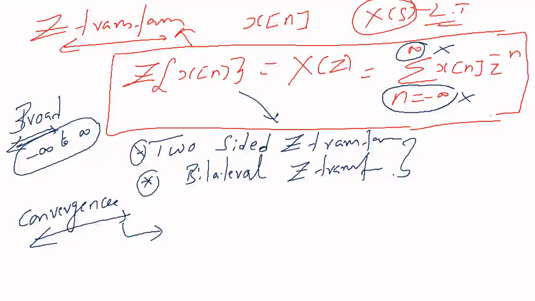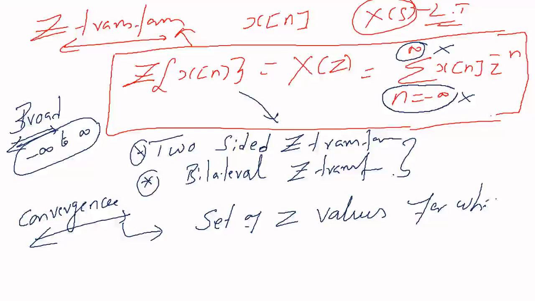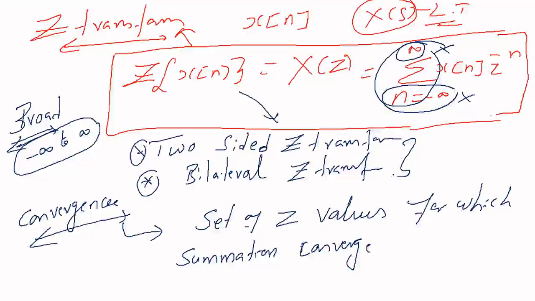So here convergence is the set of z values for which this summation converges, and it is called the region of convergence of the Z transform, right?